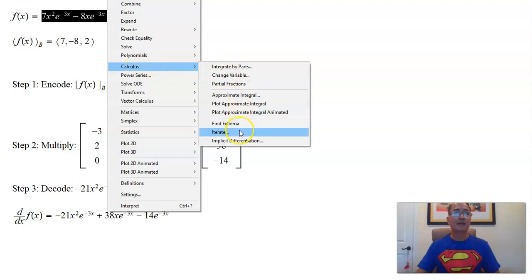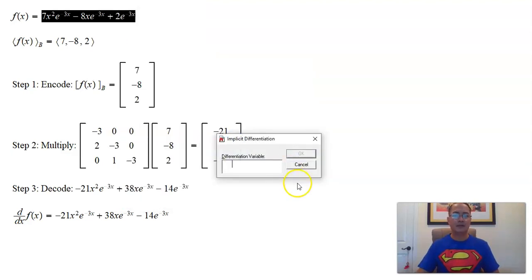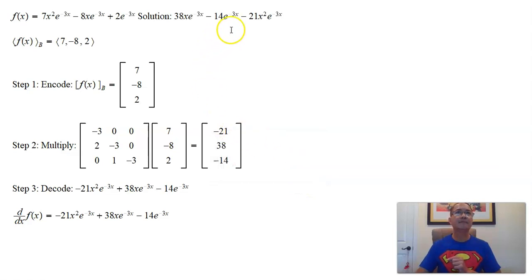We don't use that very often. Implicit differentiation with respect to. What's up with this? Oh, of course, it's in the wrong order. Minus 21x squared e to the minus 3x plus 38x e to the minus 3x right there. Minus 14 e to the minus 3x right there.